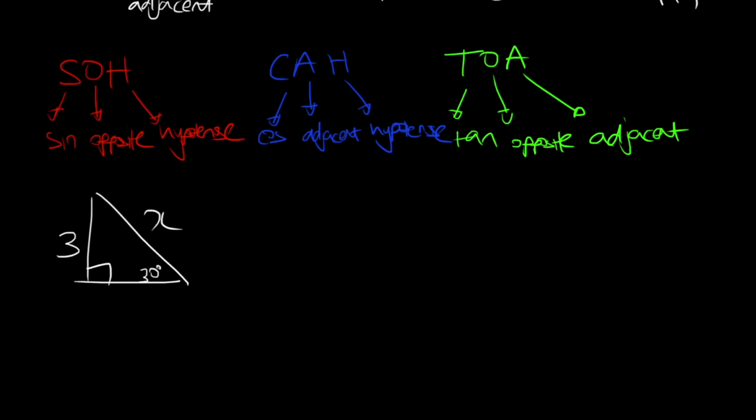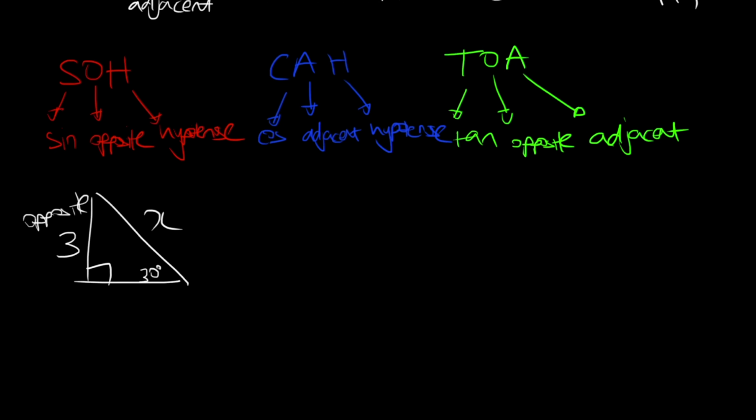What I first need to do is identify which pieces of information I've been given. I've been given an angle 30, and I've been given this side, which is the opposite side, so I know that I have the opposite side involved.